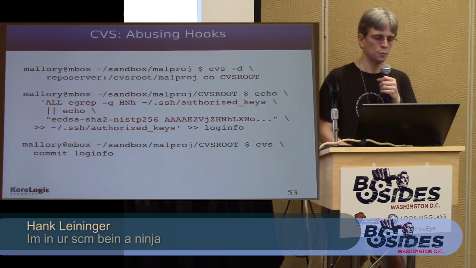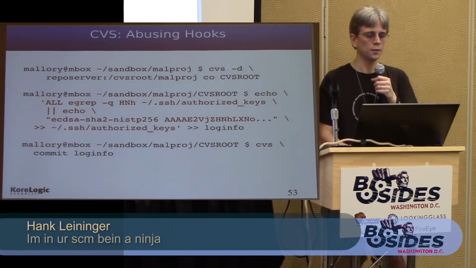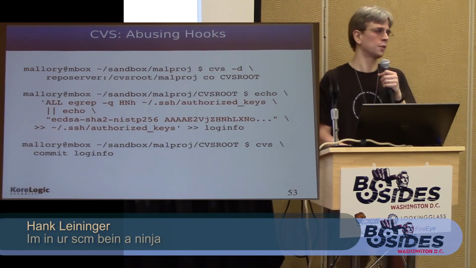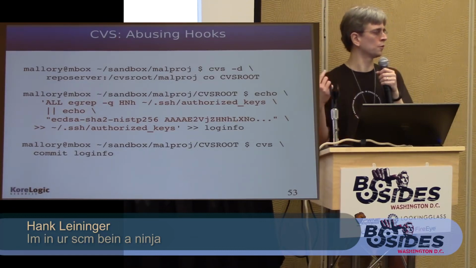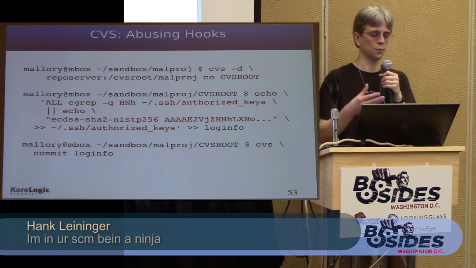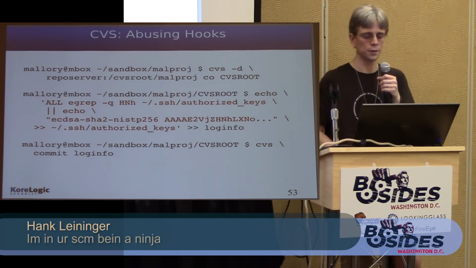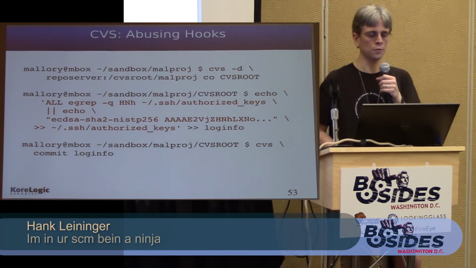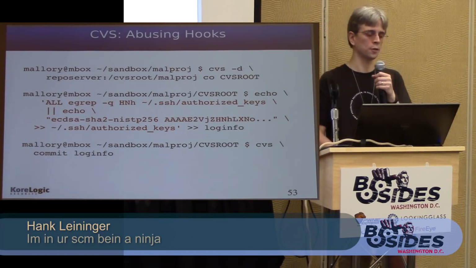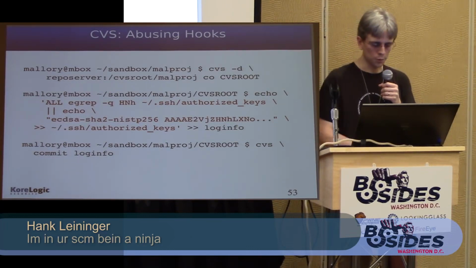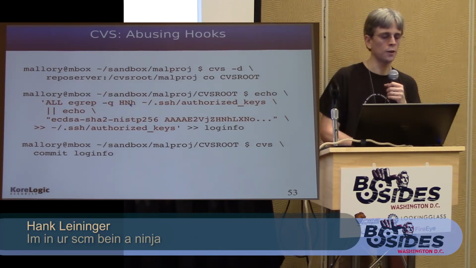So first, Mallory sets up for her own project a log info hook, which means every time somebody does a commit, this script is going to be executed on the server. The log info hook will be executed anytime anybody does a commit. So Mallory puts a little one-liner in there that says, pretend this is an entire SSH public key, and same thing there.